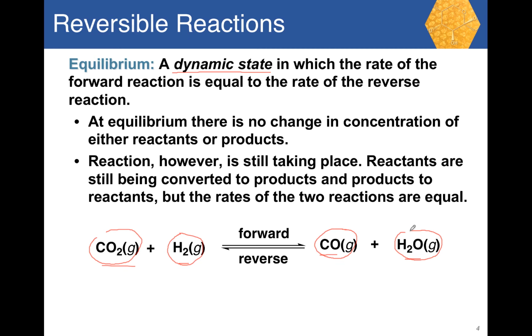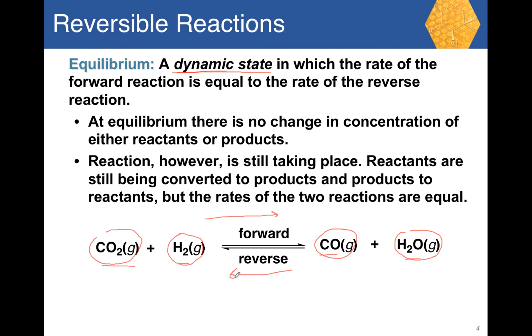So if you had that reaction and you carried it out and you came back the next day, the concentration of all four will be the same. It's dynamic because the reaction is constantly going forward and constantly going backwards.